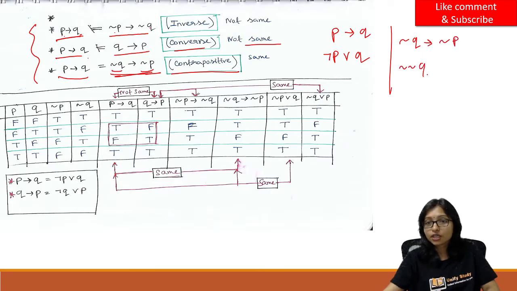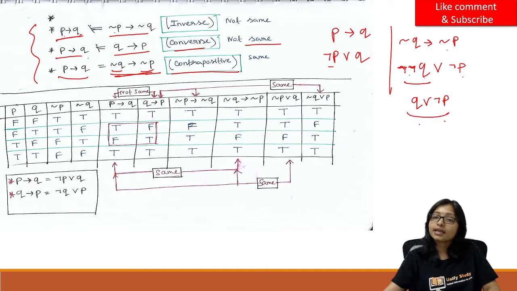Not of not Q, or not P. So double negation means what? That is Q or not P.